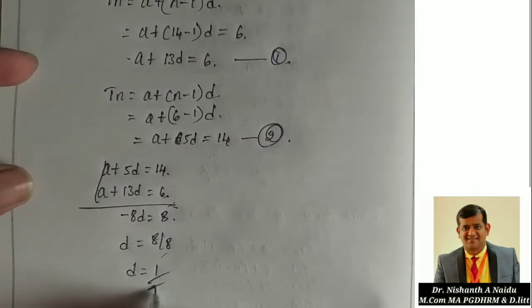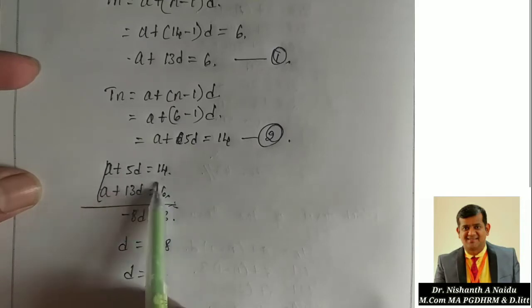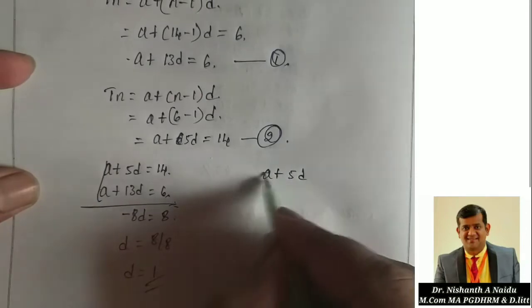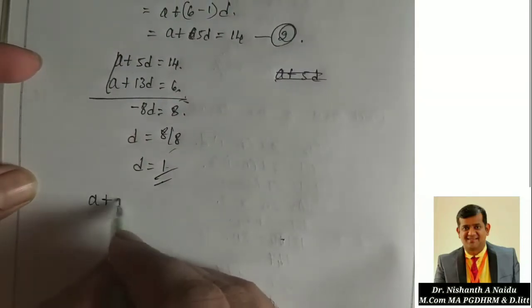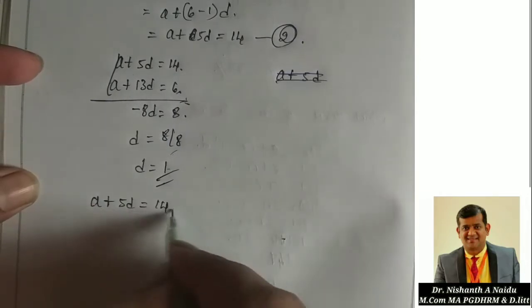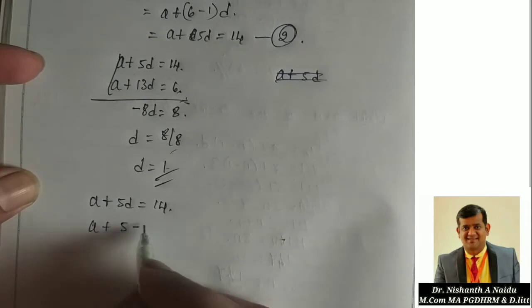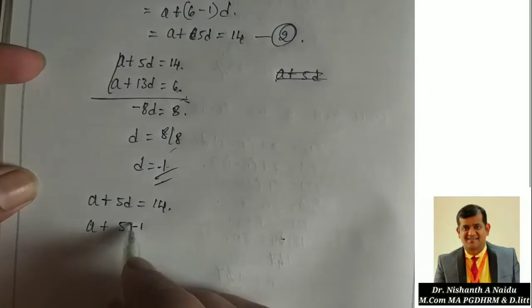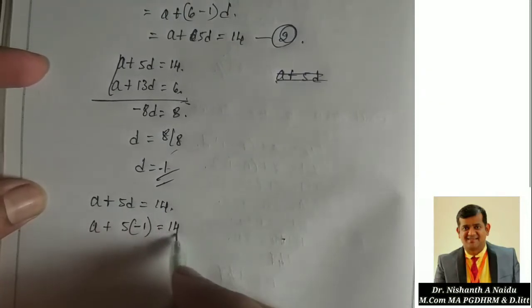D equals 1. Okay. So now by applying this D value to this equation, let us find A. So that is A plus 5D equals 14. I'll write it here only so that you get continuation. Then A plus 5 into minus 1, because it is minus D, equals 14.